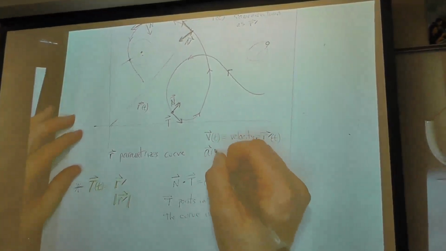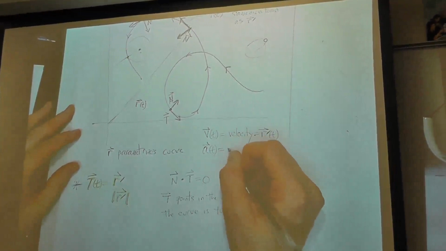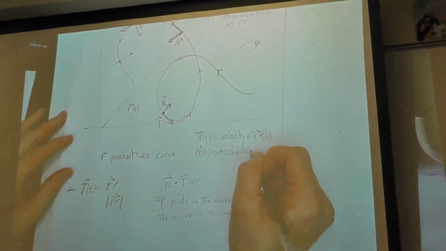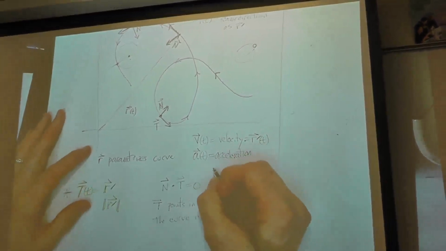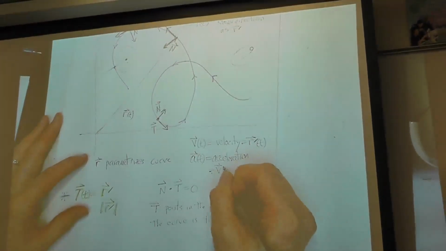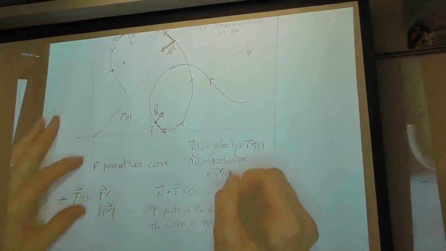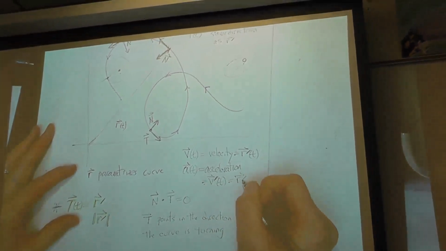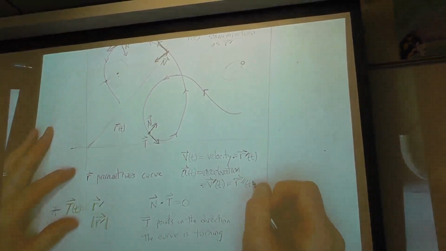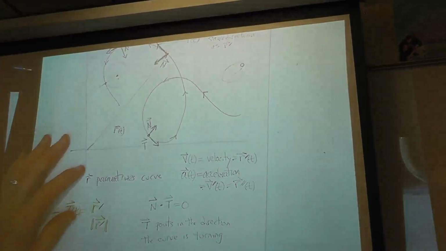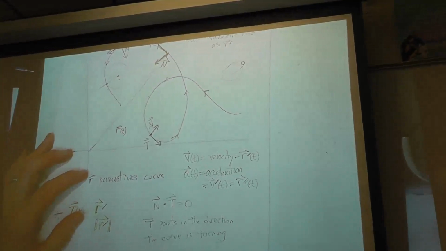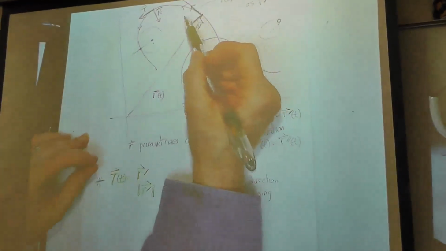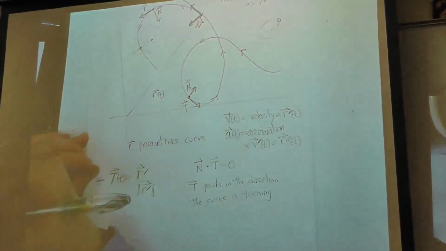A is acceleration. And that would be either the first derivative of velocity or the second derivative of R. And the question is, how does acceleration fit into this picture?